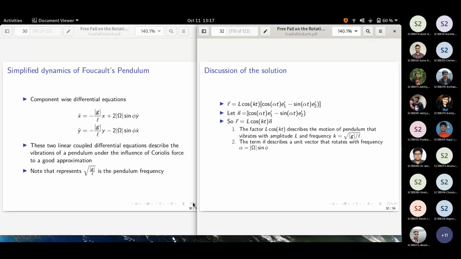Let us say, you start with initially some positive component along the E1 dash and minus E2 dash. If you have to move in the opposite direction, how long it takes will depend on this time period. So when this multiplied by t becomes 180 degrees, you will see that your oscillations have flipped. So let us see what it is now.